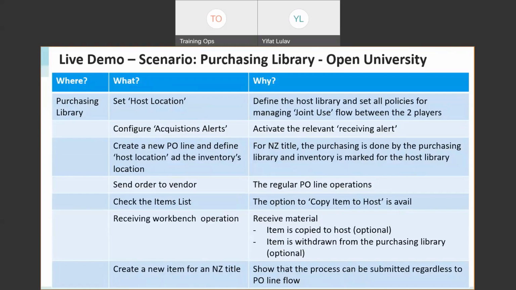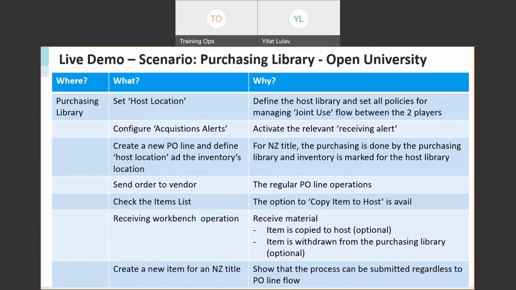Other libraries would like to have some kind of dummy item for statistics, for analytics, for follow-up, to know how many items they purchased for a special method of joint inventory. All kinds of considerations are supported in this flow.